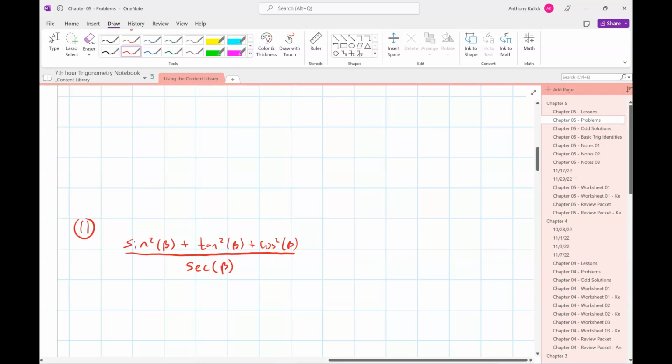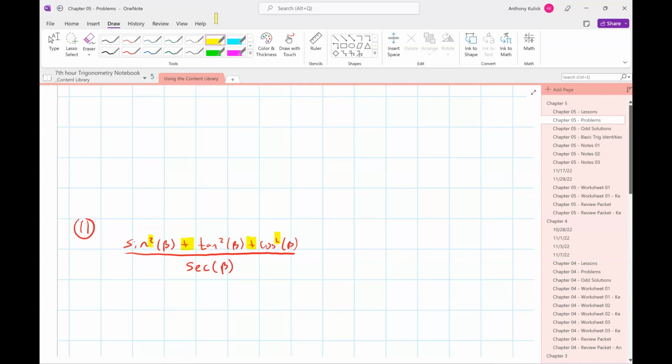If there's nothing algebraic to do, now we're going to look for an identity that we could use. There's lots of identities here, but what Mr. Kulik sees is stuff that's squared, that's being added to each other. What type of identities have those attributes? The Pythagorean identities.